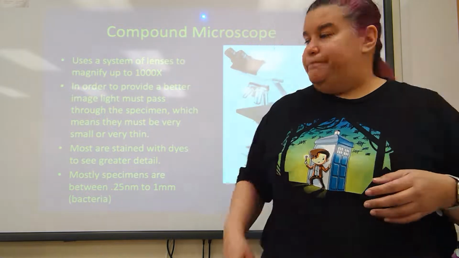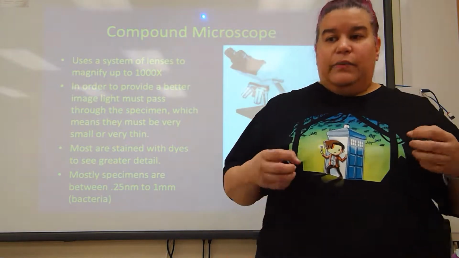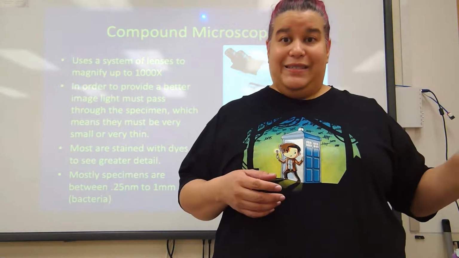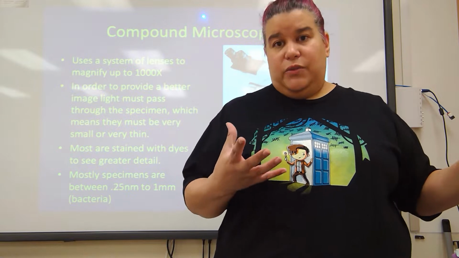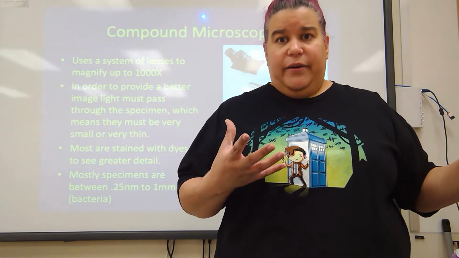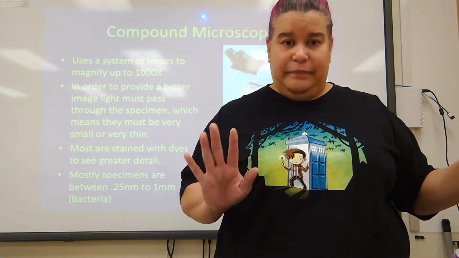So what do we do? We dye our specimens. We actually put them in Technicolor so that there's contrast so that we can see it as the light shines through it. If you don't do that, you won't see anything, especially with bacteria. With the bacteria, they are so teeny tiny, you're never going to see anything.